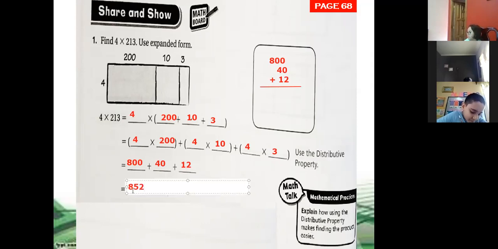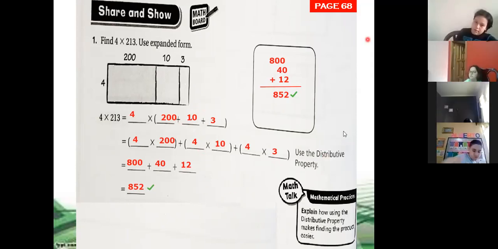That's right. Thank you, Fernando. If you add 0 plus 0 plus 2, it's 2. 4 plus 1, 5, and 8. 852 is the answer. So, using the distributive property and the expanded form of the number, we can also get the answer for multiplications.